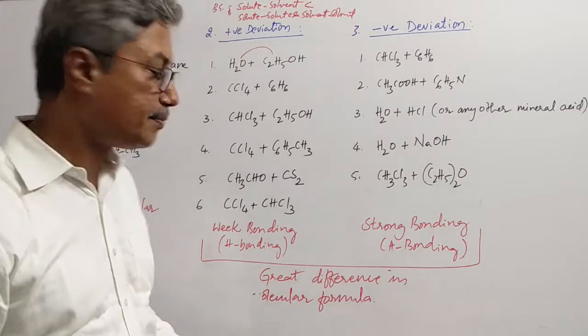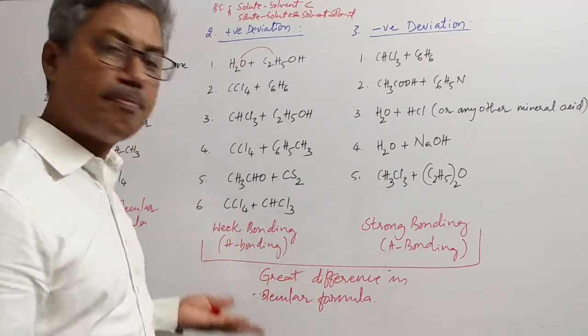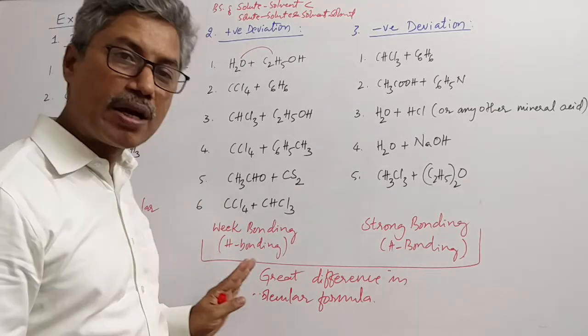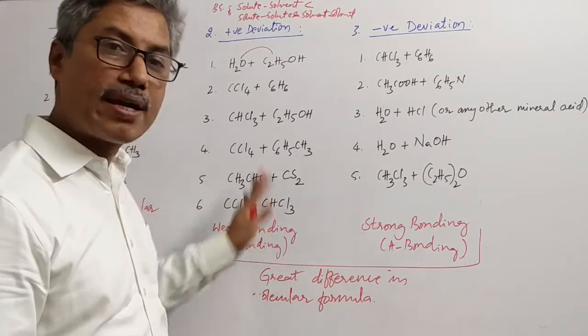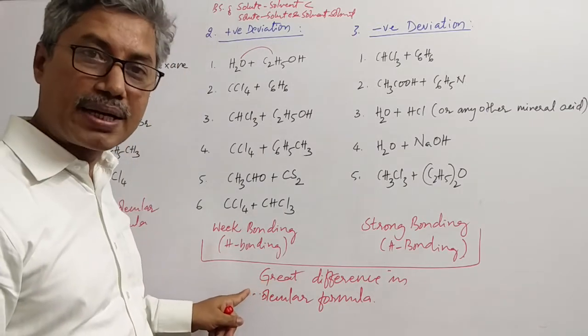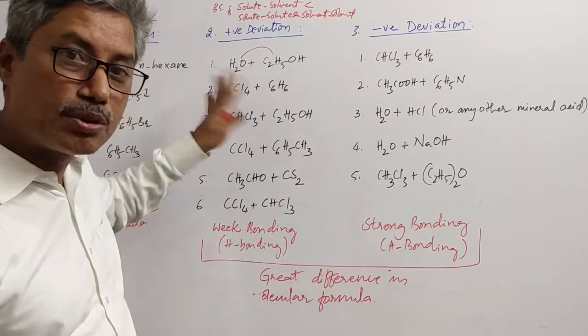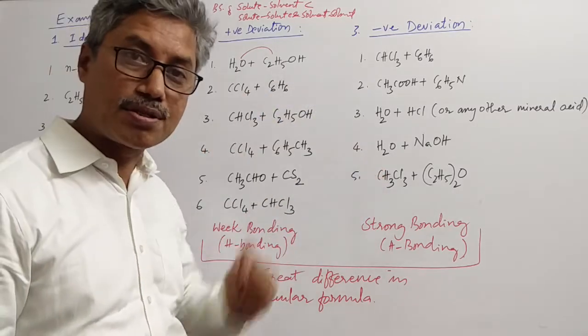Is that clear, students? See, one clue is this: weak bonding should be there. That is, most of the time hydrogen bonding will occur. If weak bonding is noticed, then it will show positive deviation. And the primary criterion is this: there is a great difference in the molecular formula of the two substances. Same is the case with this also.